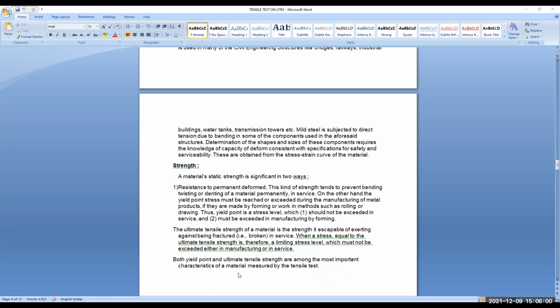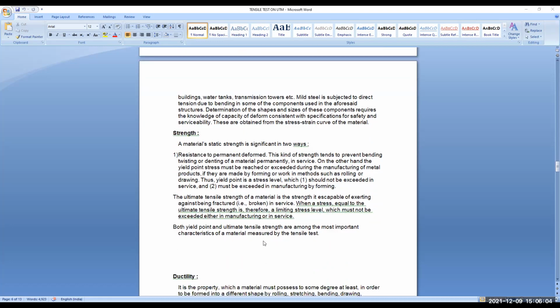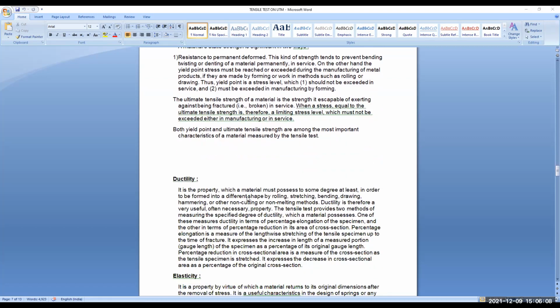Now, both yield point and ultimate stress are among the most important characteristics of the material measured by the tensile test. Next comes ductility, the property which a material must possess to some degree at least in order to be formed into different shapes by rolling, stretching, bending, drawing, hammering, or other non-cutting methods.